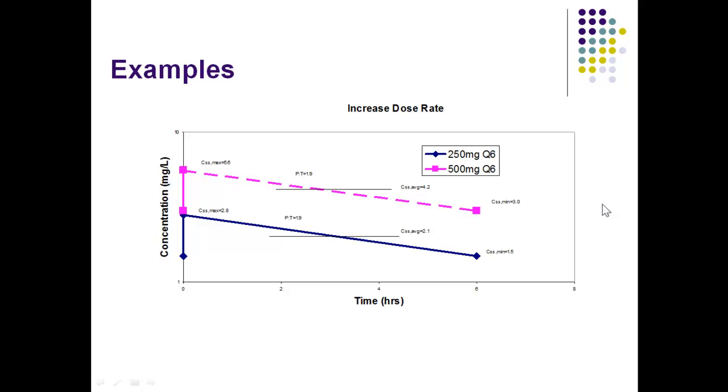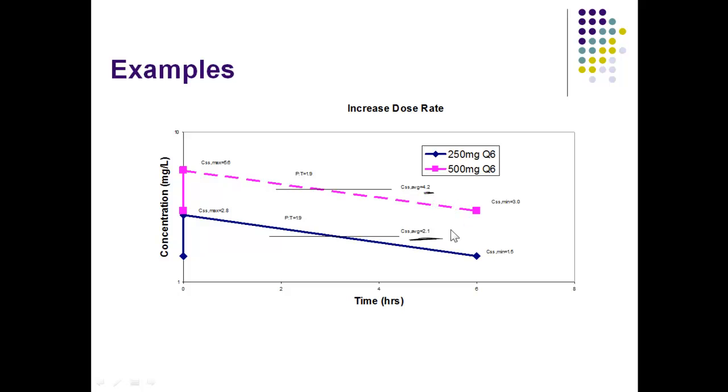So let's look at this example. Say originally the patient was getting 250 milligrams every 6 hours, which gave us a CSS average of 2.1. Although that's nice, we needed to double our CSS average and target something closer to 4.2 and increase the exposure.